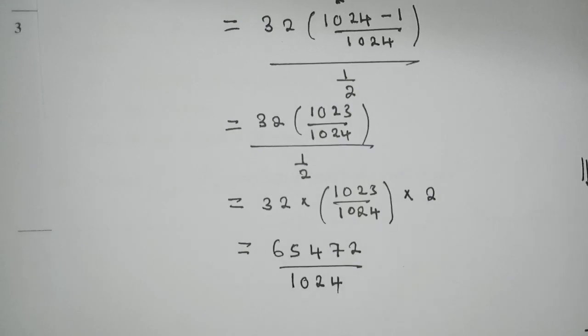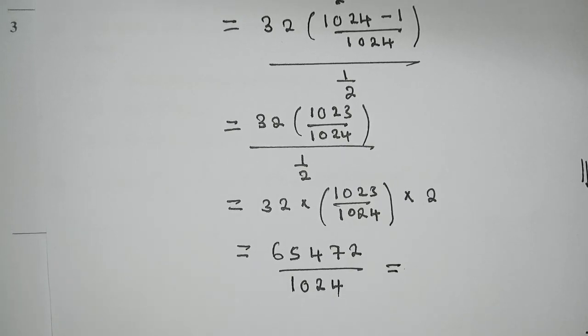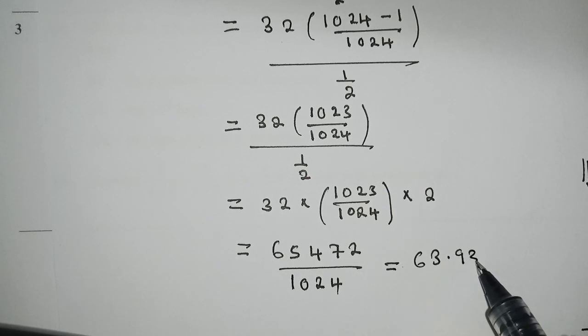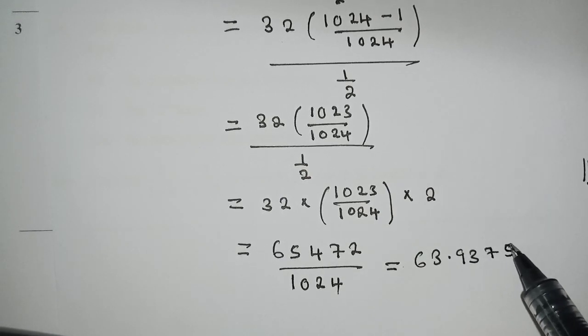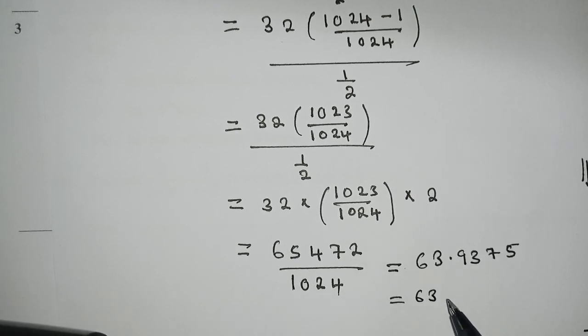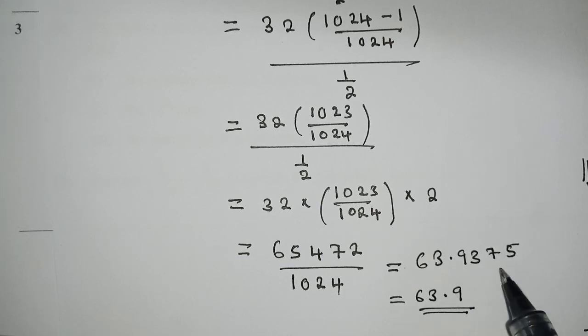And our final answer here will be equal to 63.9375. Writing this in 3 significant figures, it will just be like this, or like this. You can leave your answer here or right here, it's fine.